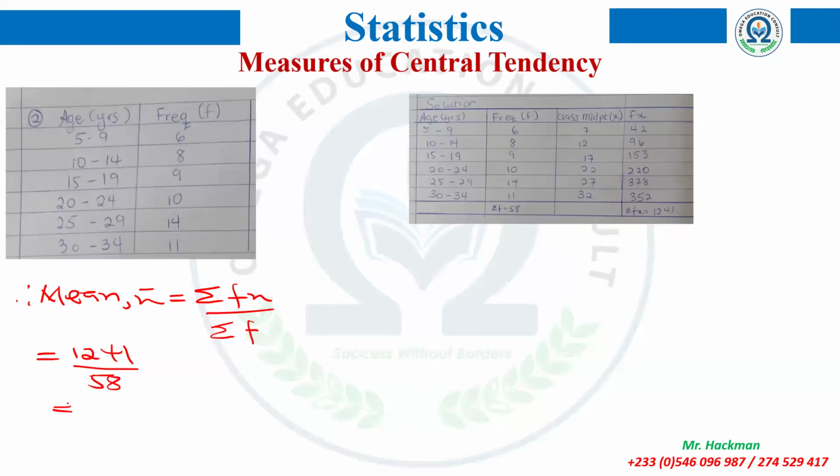Let me see whether Eddie or Kobe will give me the answer. I'm looking for the results. We know we are supposed to attach the units because there is a unit given. 1241 divided by 58.